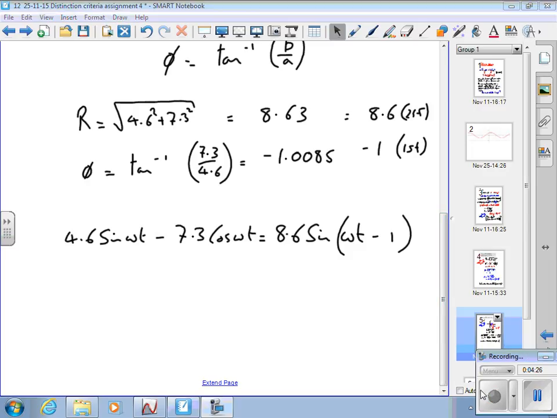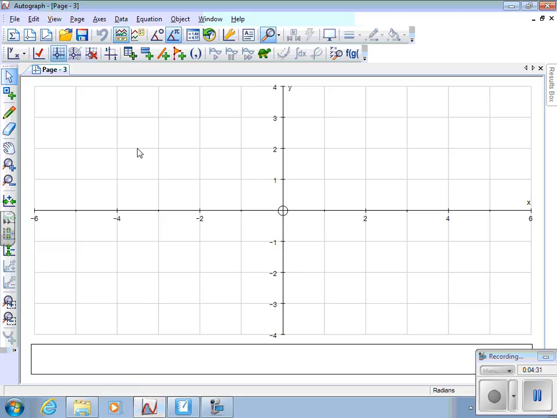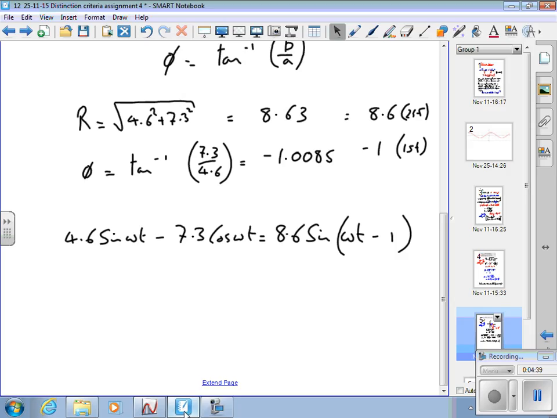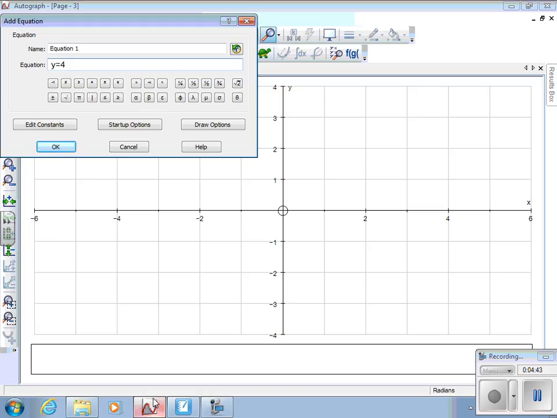And again, we can go to the graph to check this. We can type in y equals 4.6, was it? Minus 7.3. 4.6 sin, rather, minus 7.3 cos ωx.